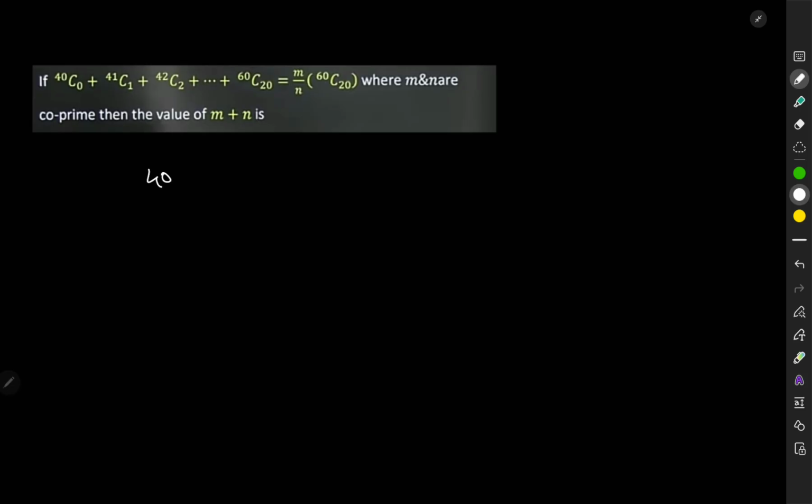The next question is something like they've given this, where m and n are co-prime, then the value of m plus n is. They have given a series: 40C0 plus 41C1 plus 42C2 till 60C20.